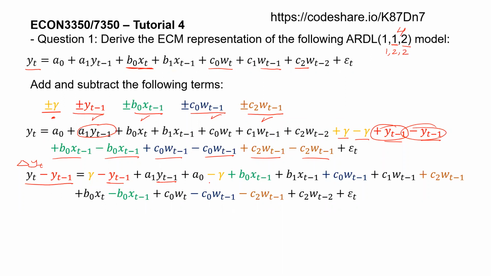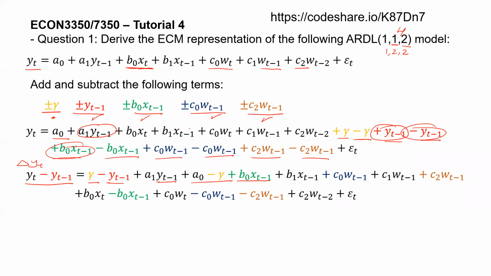The next thing that I'm going to do is group by constant terms. So I have a0 with the negative gamma, right? I'm going to leave the positive gamma here first. I'm going to group again, but in this case by xt-1. So I'm going to take this positive xt minus beta b0 xt-1.